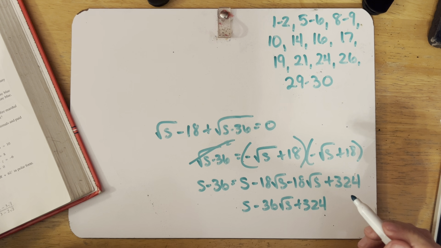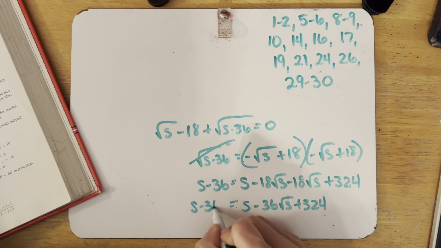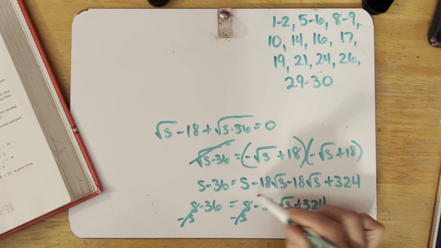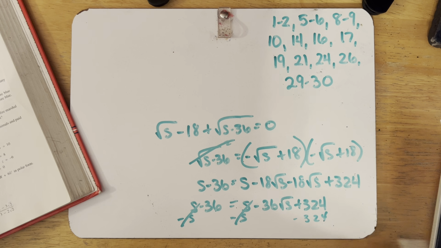Okay, now I need to try to get this by itself. So I'm going to subtract s from both sides, and that's actually going to cancel those out. I'm going to subtract 324 from both sides.